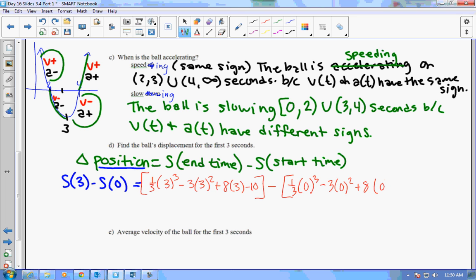And 0 is such a nice number to work with, except for when dividing. Gone, gone, gone, right? So this minus 10, and we're subtracting the minus 10, so it'll end up being a positive 10, and then this is gone, gone. So you just have to calculate that out. So our change of position ends up being what?